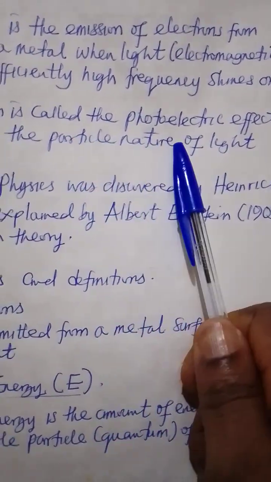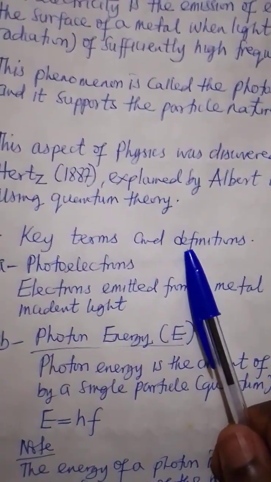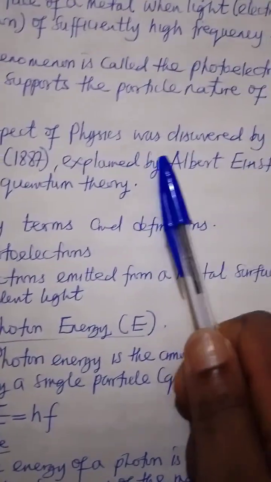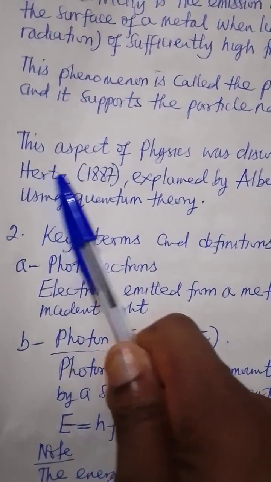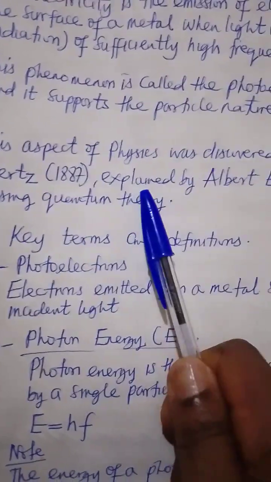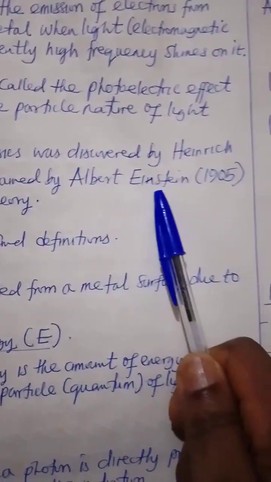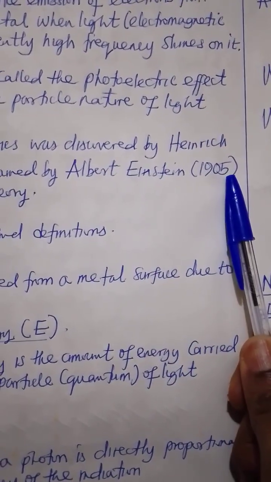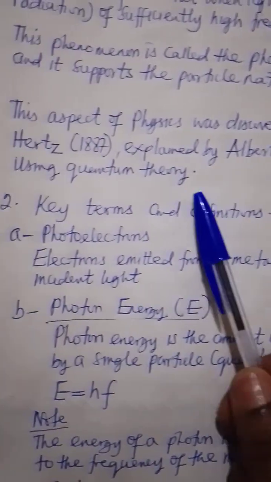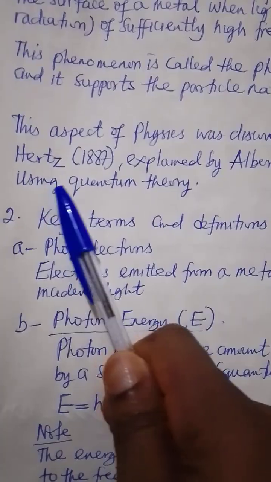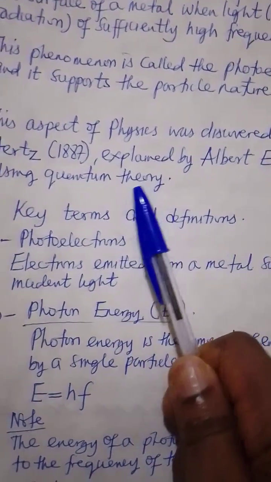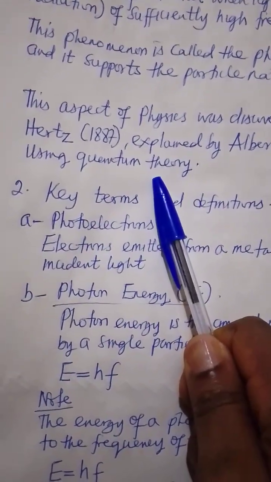This aspect of physics was discovered by Heinrich Hertz in 1887, explained by Albert Einstein in 1905 by using quantum theory. We're also going to discuss quantum theory later.